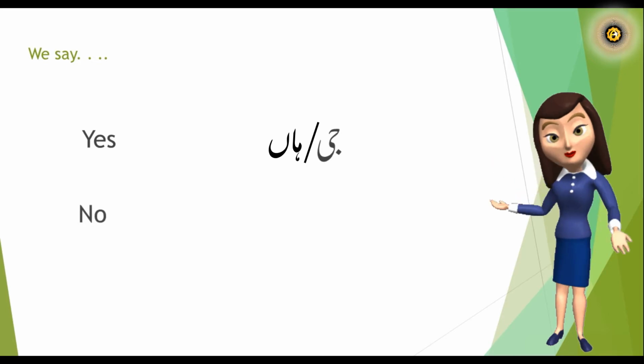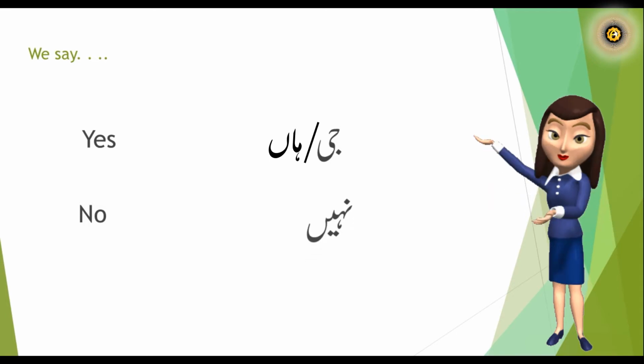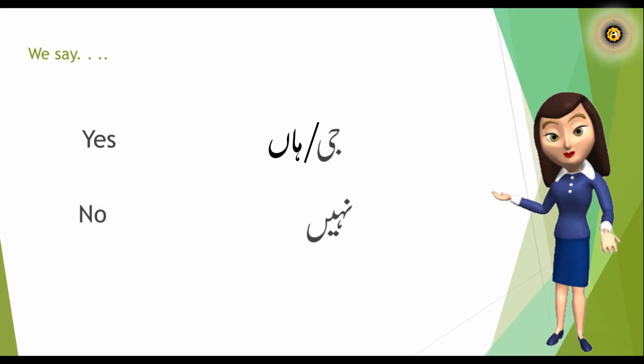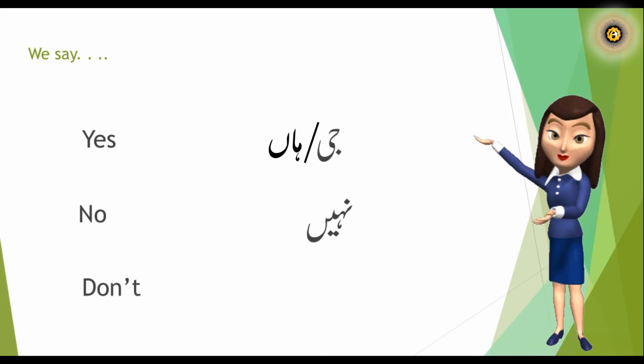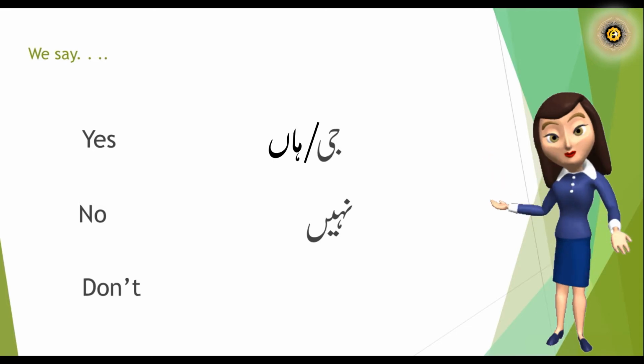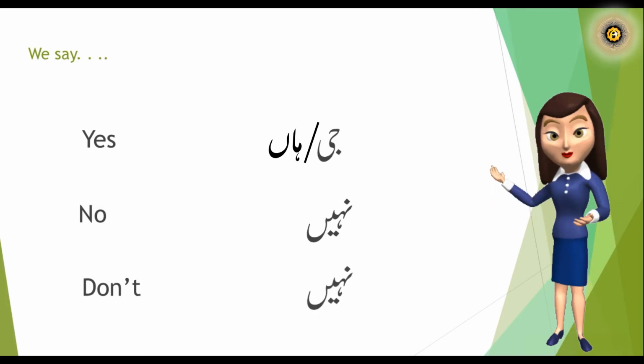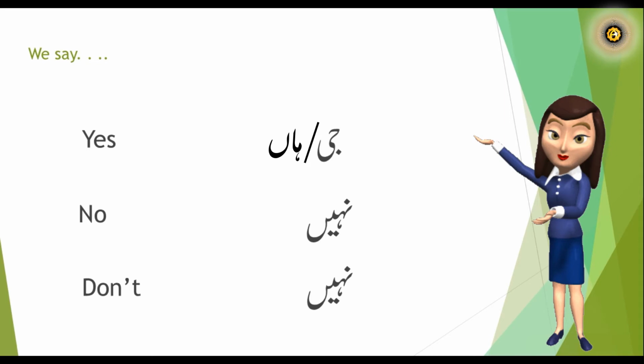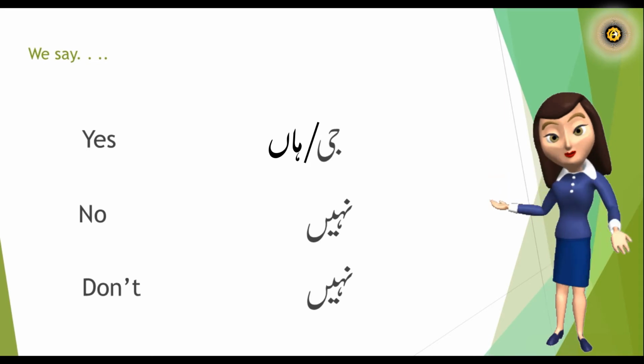Then in English we say no, and in Urdu nahi. Then in English we say don't, when we are telling somebody not to do something, and in Urdu it is again nahi. Let's repeat one more time.